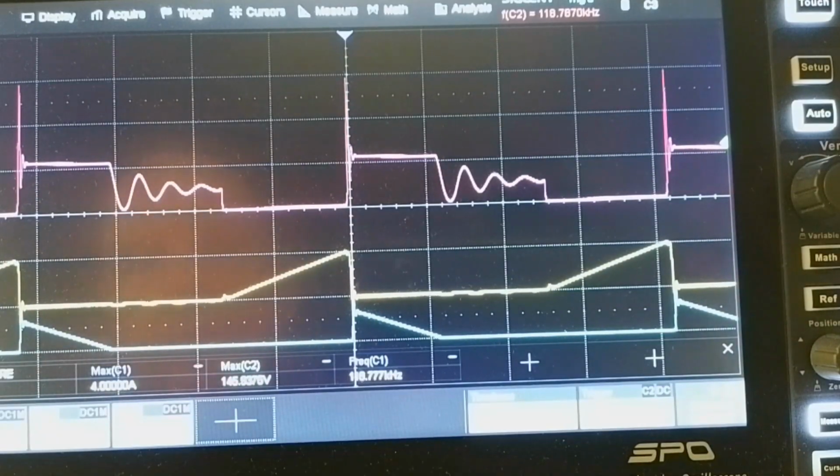Also this is good. Oh, and the switching frequency is about 118 kilohertz. Okay, the measurement is done.